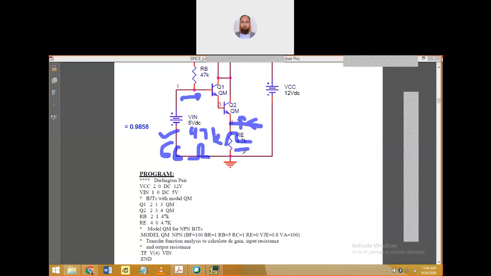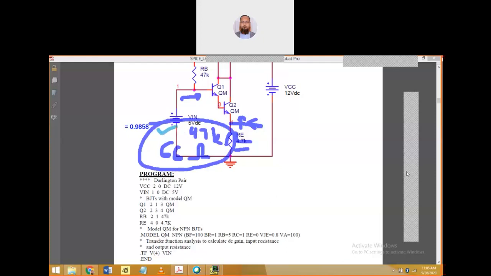So the output resistance is small and the input resistance is large. For any amplifier, I'm talking about a voltage amplifier, what is the required characteristic? Input resistance must be high and the output resistance must be low. So we can use this circuit as an amplifier because input resistance is high and output resistance is low.